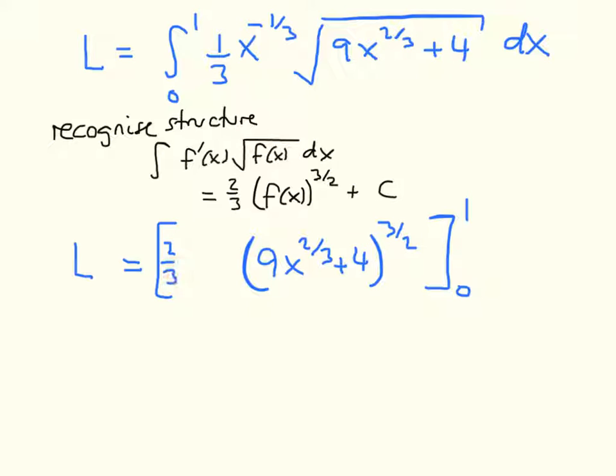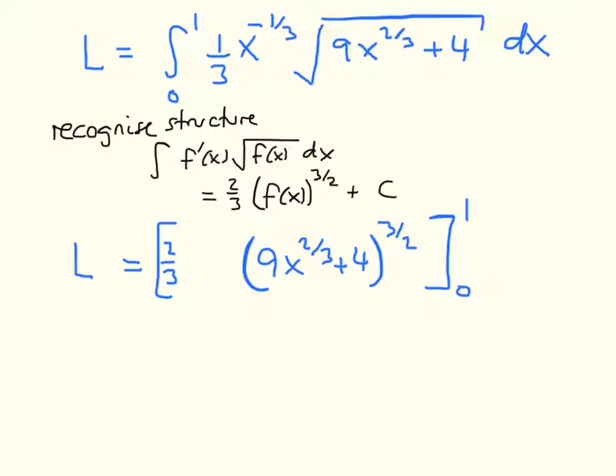So I'll bring that down, reduce it to the power of a half, which gives me this square root that I want, and then I'm going to multiply by the derivative of this. The derivative of this is going to be 9 times 2/3 times x to the minus a third. I subtract that power. The x to the minus a third is exactly what I want here.